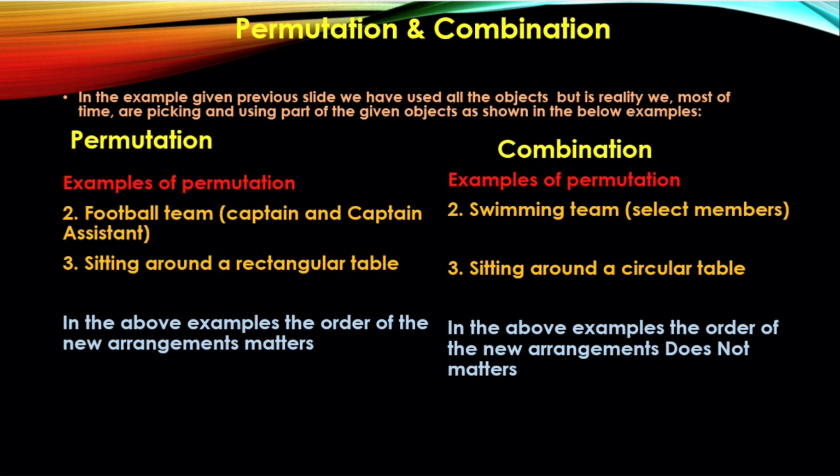So just to make it clear, in the first examples which we have taken, we have 10 people and we want to arrange them in different groups of 10, or three colors and we want to arrange them in different arrangements: red, green, yellow, or yellow, green, red, and so on. So we are using the same three.